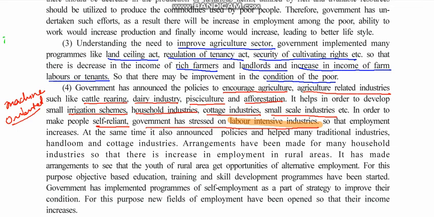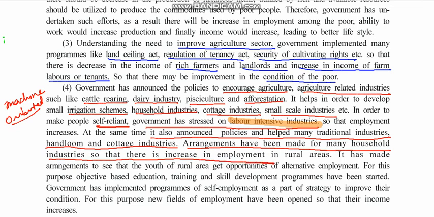At the same time, it also announced policies to help many traditional industries, handloom and cottage industries. Arrangements have been made for many household industries so that there is an increase in employment in rural areas.